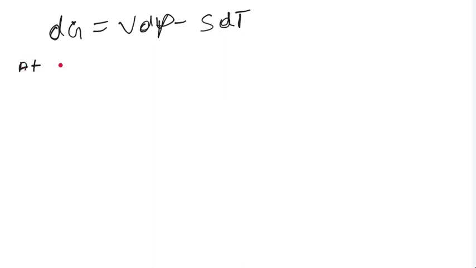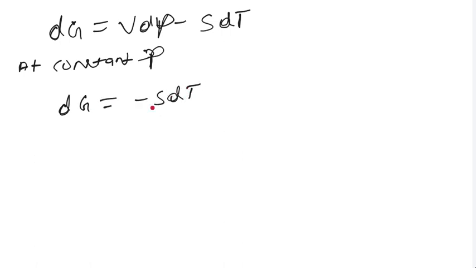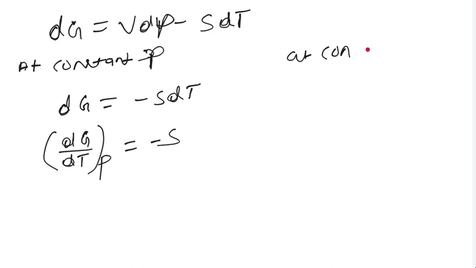So at constant pressure dG is equal to minus SdT, or you can say dG by dT at constant pressure will be equal to minus S. Then at constant temperature dG will become VdP.